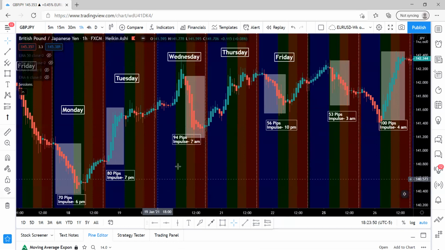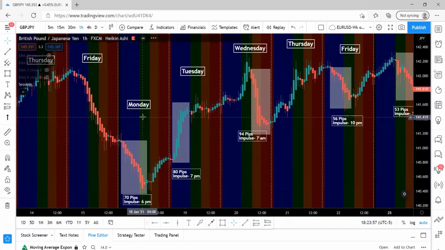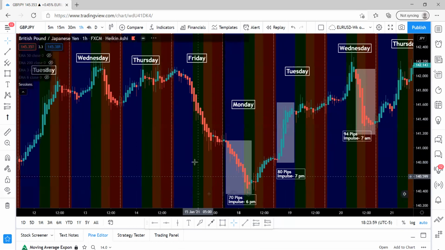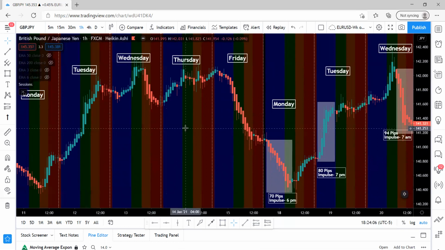And on a Wednesday. So typically you would see most movement between Tuesday and Thursday for this pair. Depending on news and whatnot, you will see these big movements during Fridays to end it. Look at this big one on Tuesday.